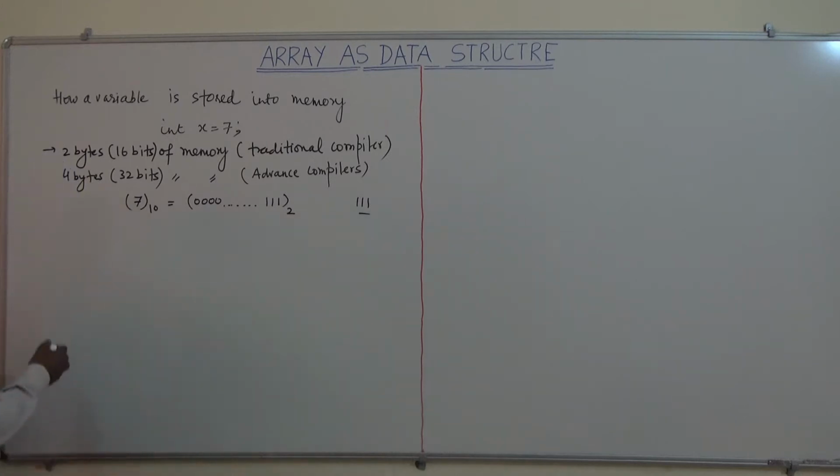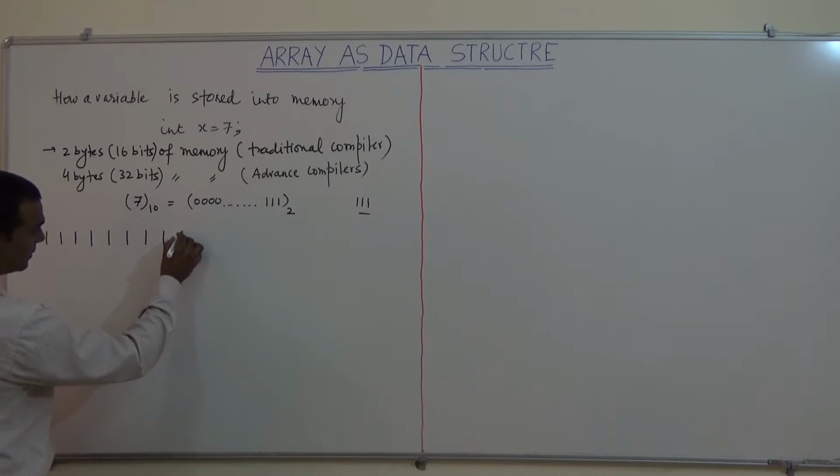16 bits will be used to store the 7 because it is integer type. Now we will see in memory how it can be shown.